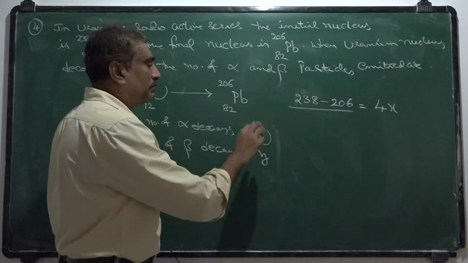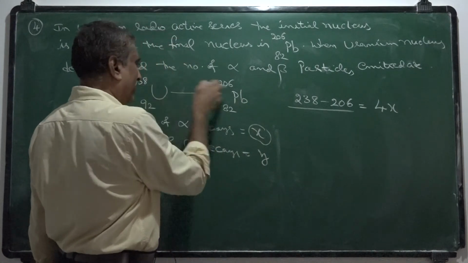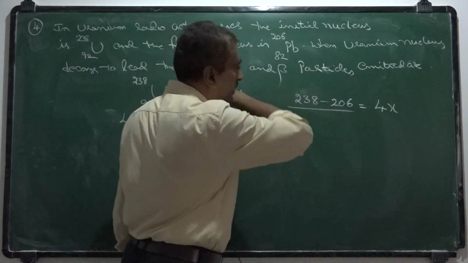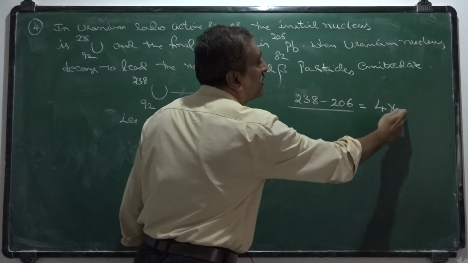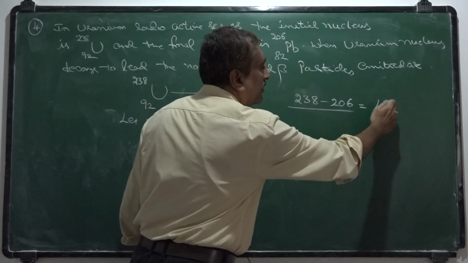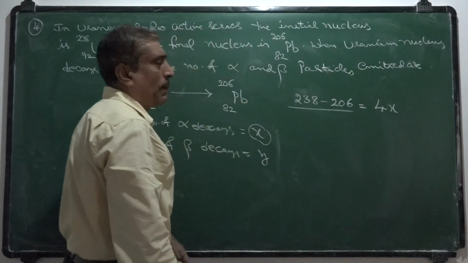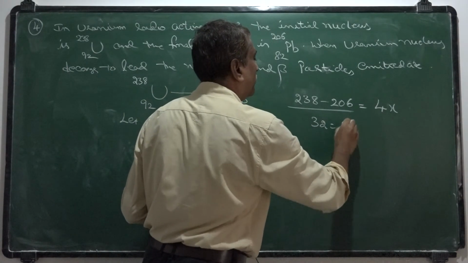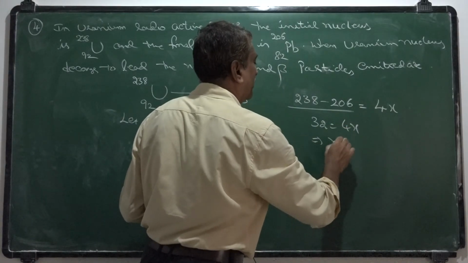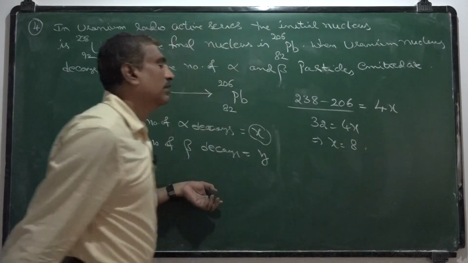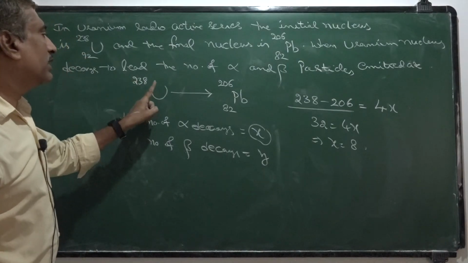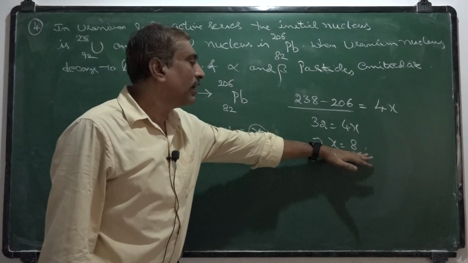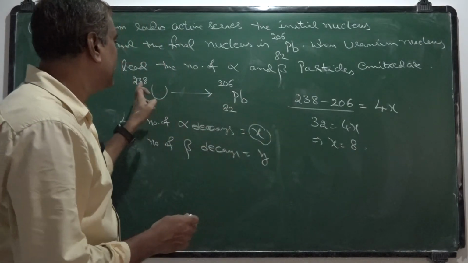As we have x alpha decays, the total decrease in mass number is 4x. So from this equation we can write 32 is equal to 4x, which implies x equals 8. So while converting from U238 to Pb206, 8 alpha particles are emitted from this nucleus.